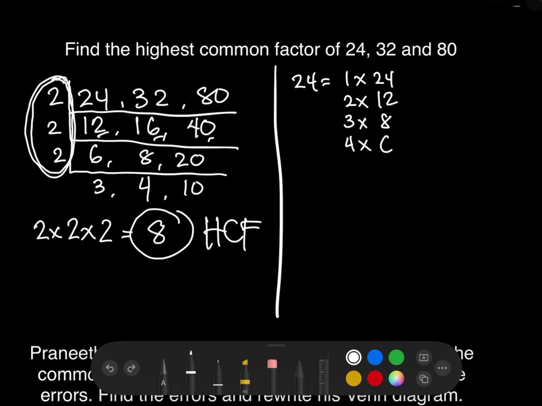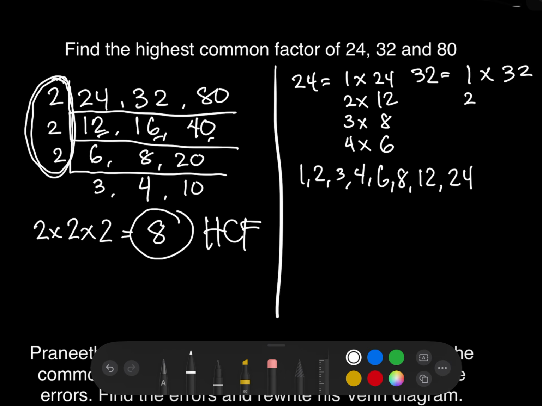So the factors are 1, 2, 3, 4, 6, 8, 12, and 24.